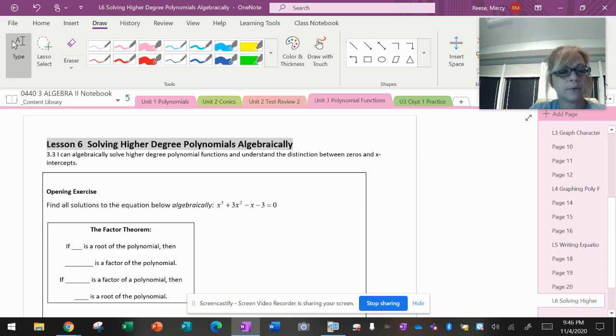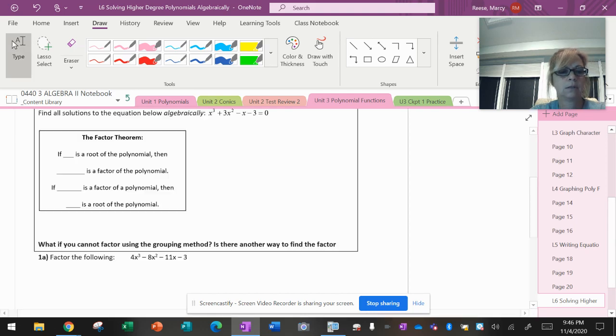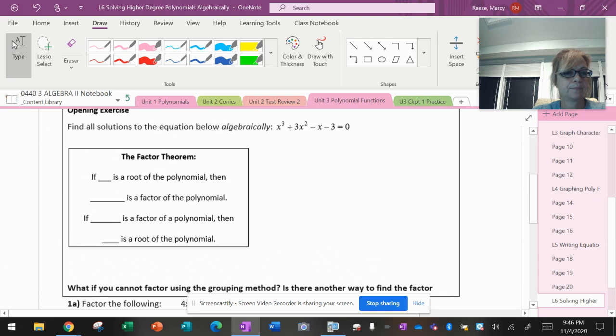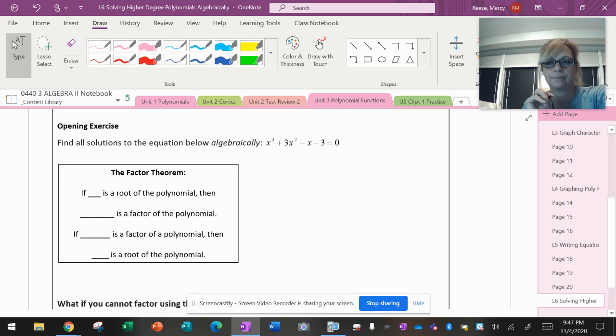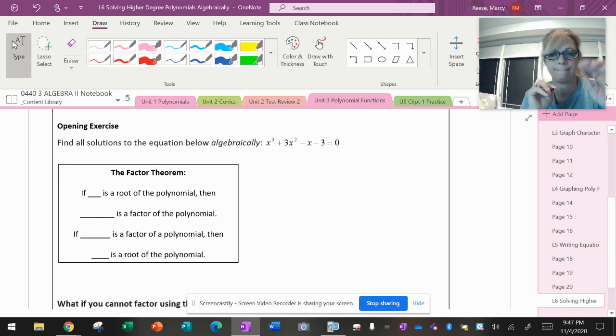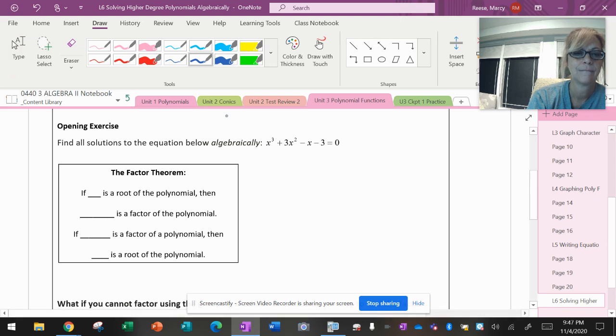So let's look at solving higher degree polynomials algebraically. Take a minute, and this is not a question problem. Find all the solutions to that. So you know how to do that. Take a minute and factor that. Remember that method?